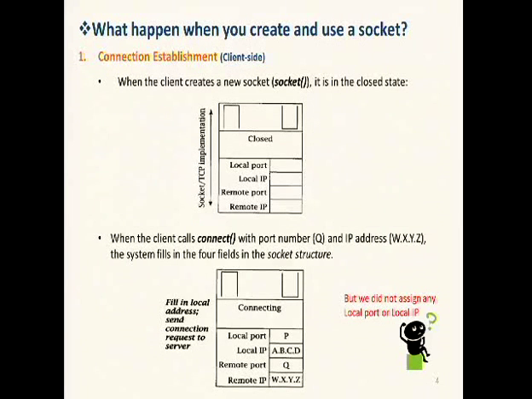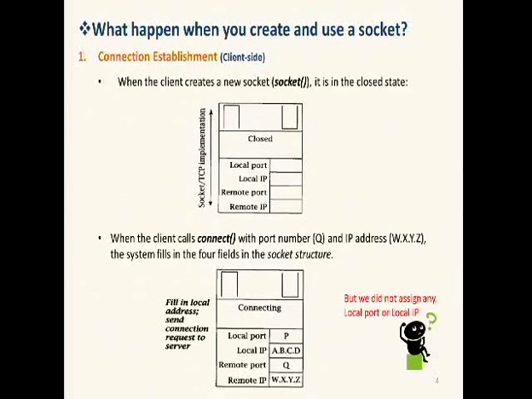Once we call connect from the client side, we are assigning the remote port and the remote IP address, those of the server or whoever we need to connect with. But as you can see, on the client side, we never care about the local port and IP address. So who assigns them?